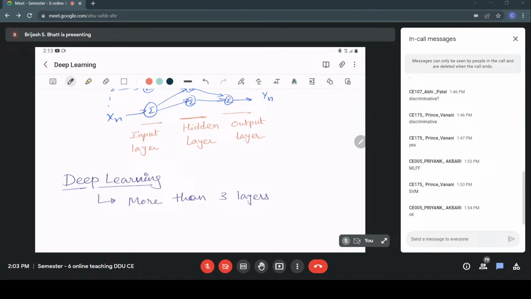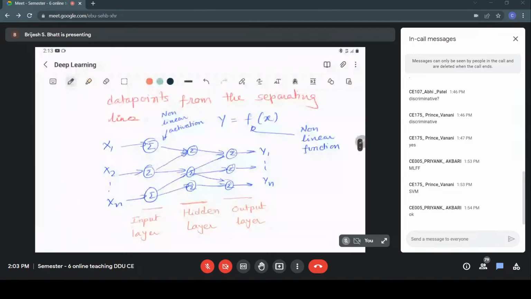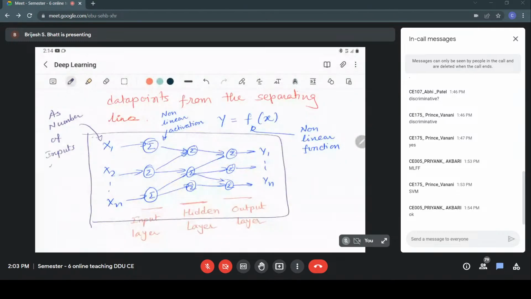You're learning much more than three layers, and that's why the model... So in this case, the traditional multi-layer feed-forward network, we say that as the input size grows, the weights to be trained also increase.